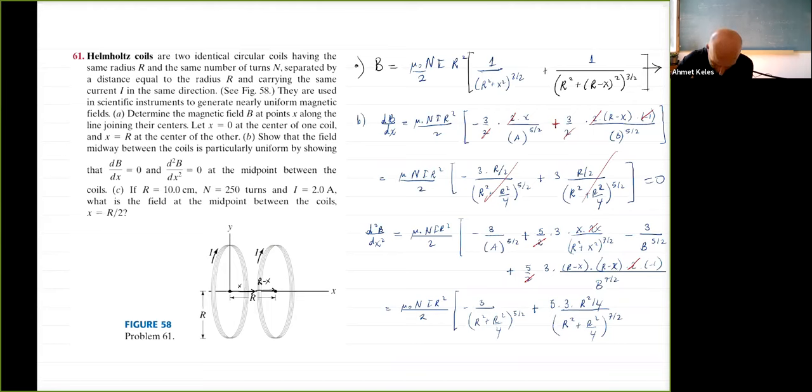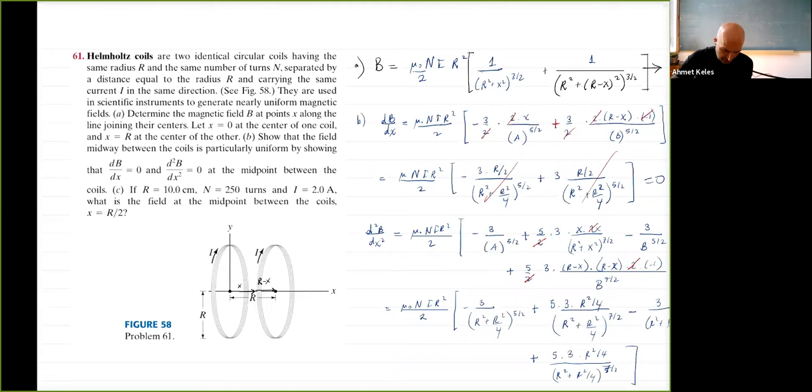And the next one is minus 3 over the same thing, (r squared plus r squared over 4) to the 5 over 2. And the last one is plus 5 times 3 times r squared over 4 divided by (r squared plus r squared over 4) to the 7 over 2.